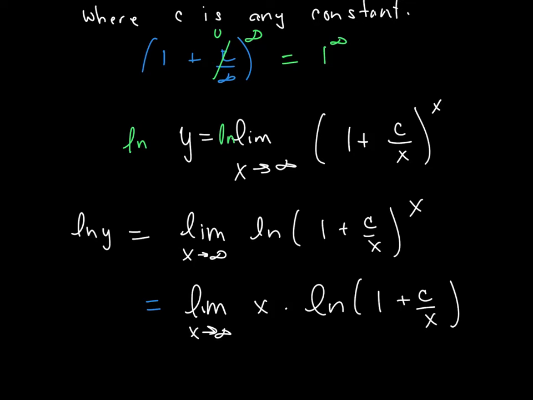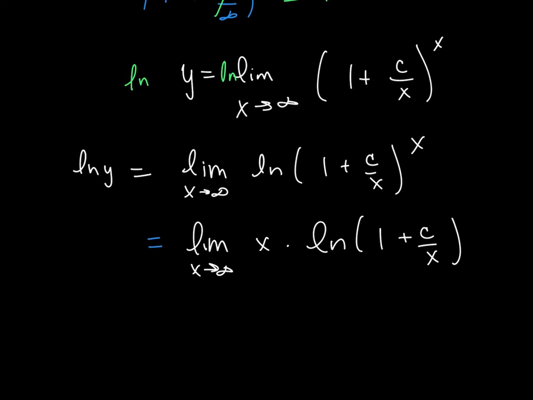All right, so what happens here is the limit as x goes to infinity. This is of the indeterminate form infinity times 0, because direct substitution inside here will leave you with 0.